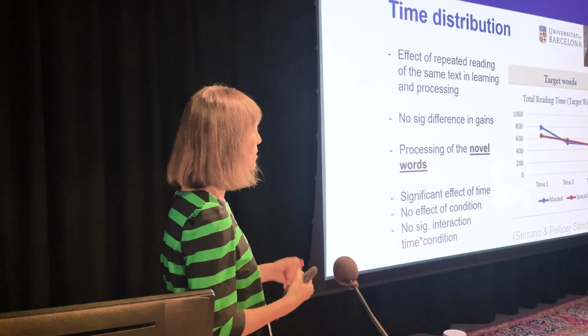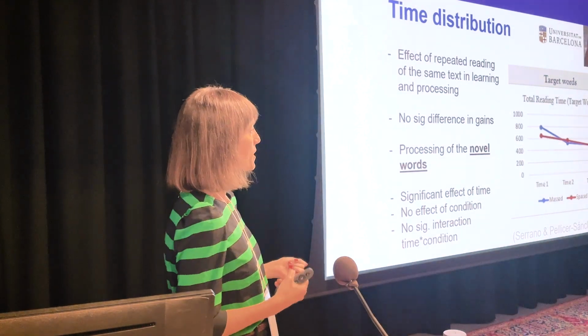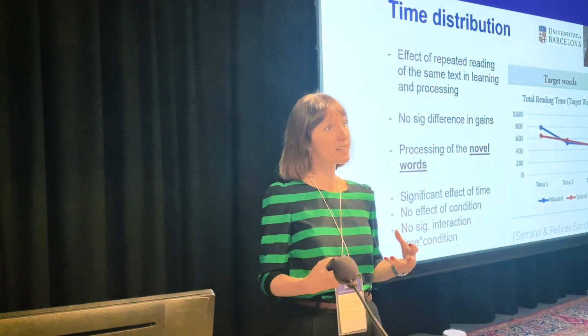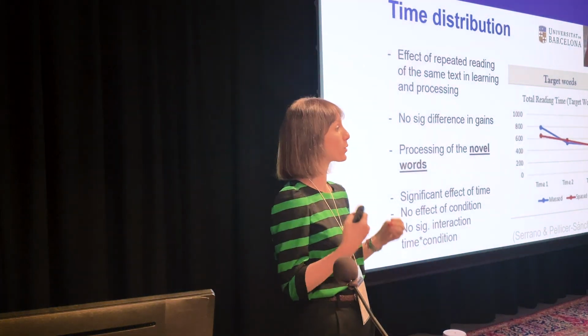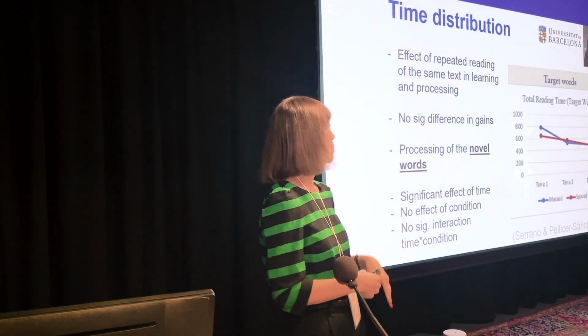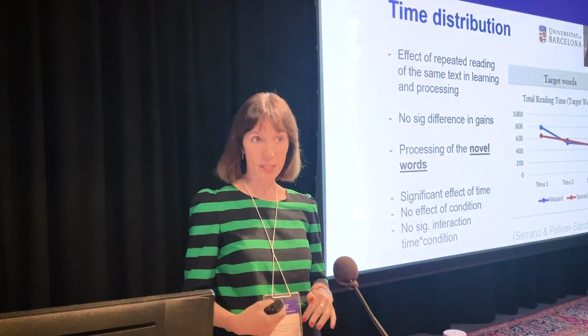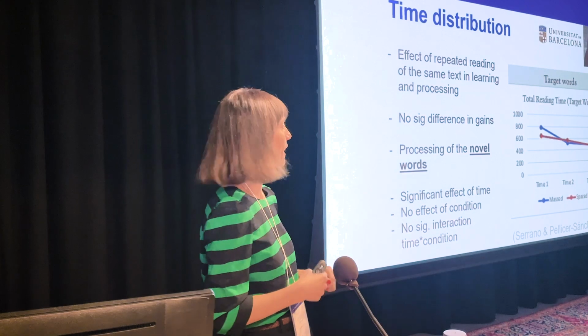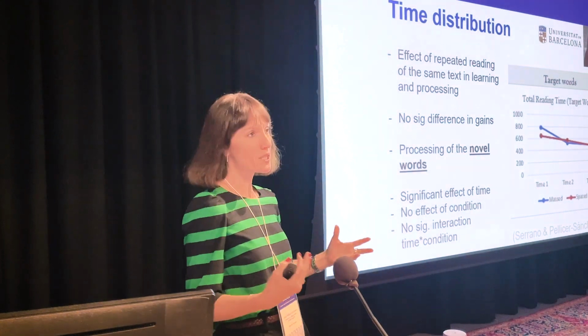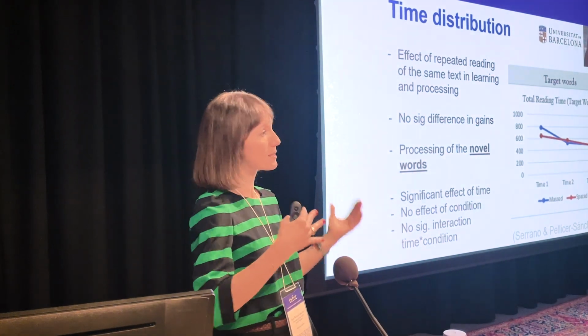But then in terms of processing time, what we found was that at time 1, when learners saw novel vocabulary for the first time in a text, they needed more time, but then there was a significant decrease, pretty much what I've shown in the earlier studies. But interestingly, there were no differences between the massed and the spaced condition.